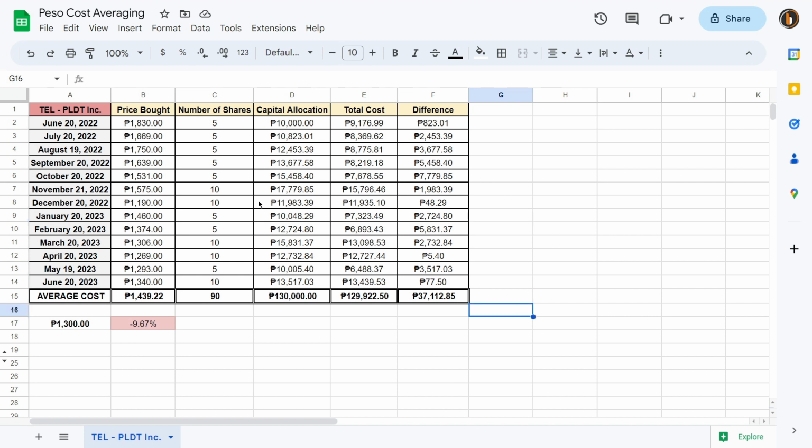Of course, you bought at 1,830, so it will take some time for the average cost to go down. And it did go down. From 1,830 on your first buy to around 1,340 on your latest buy. So you averaged out at around 1,400 pesos. So you're down 9.67% compared to being down 20+% to 30% in your portfolio.